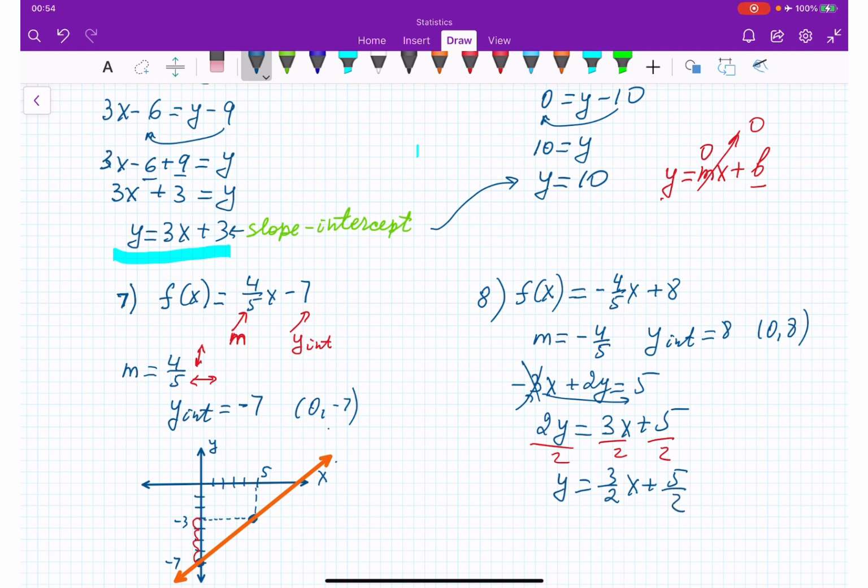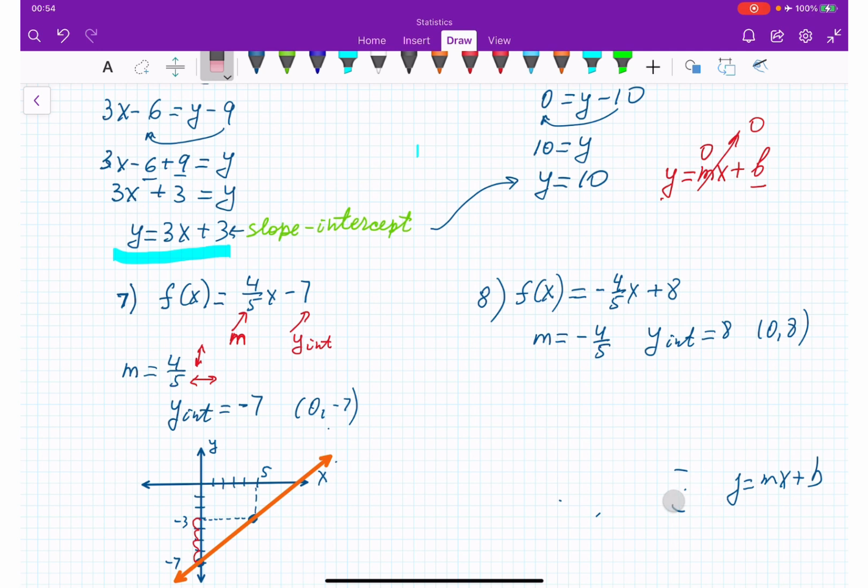See, I got the format y equals mx plus b, and only then I can say that 3 over 2 is our slope. Only in this format. Are we clear? Okay.